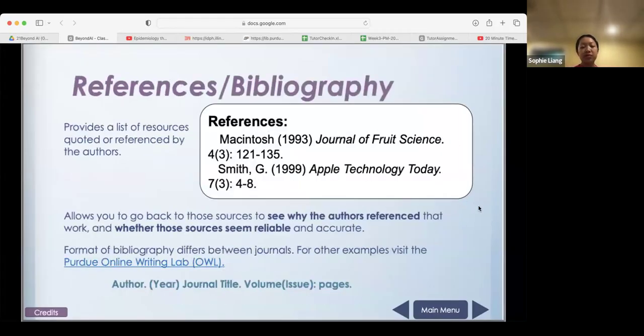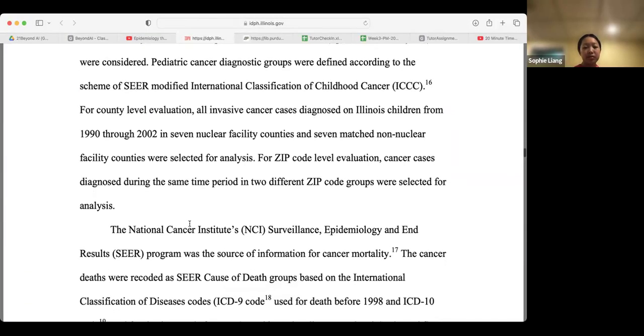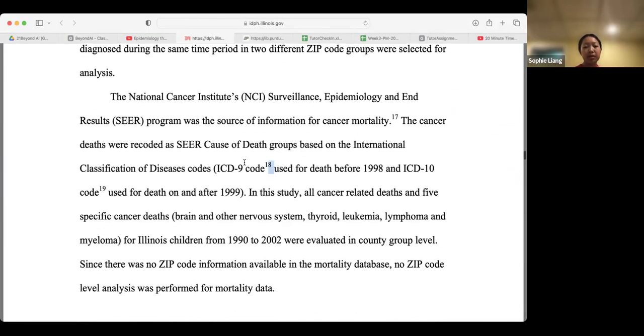Next section is the references and bibliography section. This provides a list of resources that is quoted or referenced by the authors. Usually there's footnotes, so in the text itself, it'll show a little number in the corner, like 1 or 2 or 3, and it matches the number in the reference section. Let me just show you this. So yeah, here it says 18.